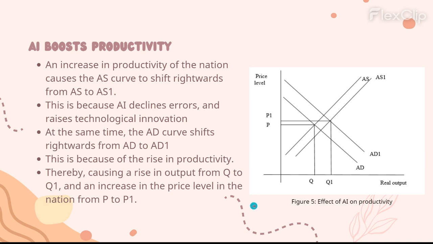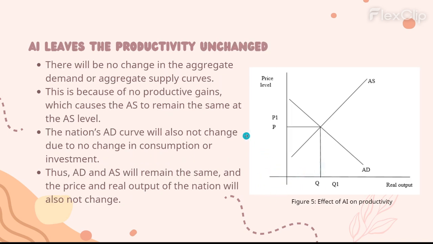It further causes the AD curve to shift to the right from AD to AD1, as the rise in productivity causes a rise in aggregate demand. It leads to the rise in output from Q to Q1, along with the increase in the price level in the nation from P to P1, indicating an increase in the nation's productivity.